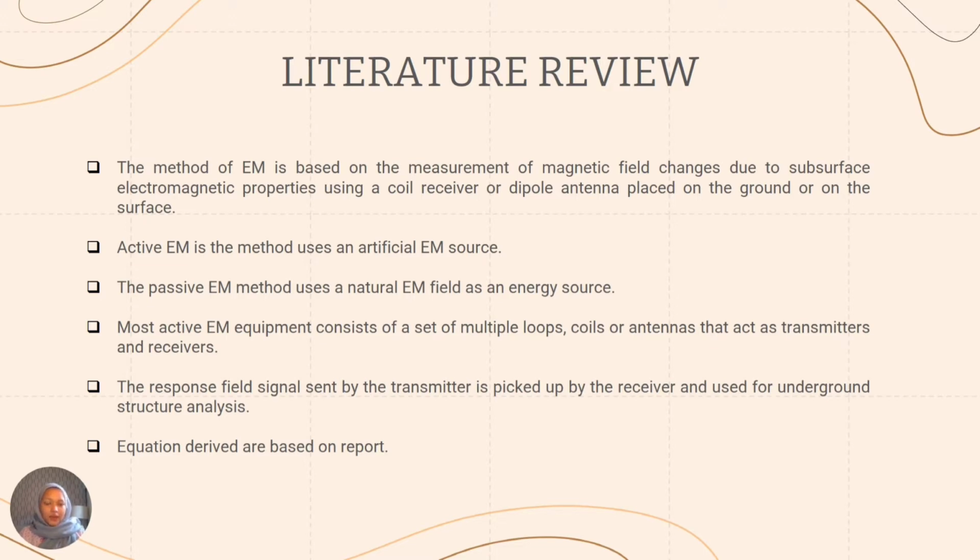Most active EM equipment consists of a set of multiple loops, coils, or antennas that act as transmitter and receiver. The response field signal sent by the transmitter is picked up by the receiver and used for underground structure analysis. Equations derived are based on the report.